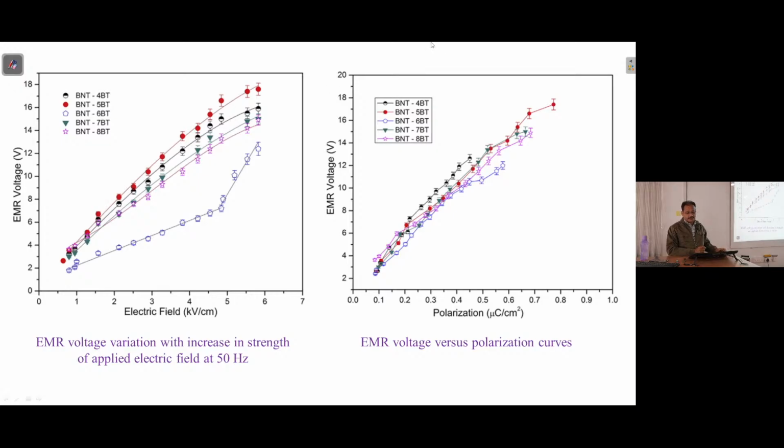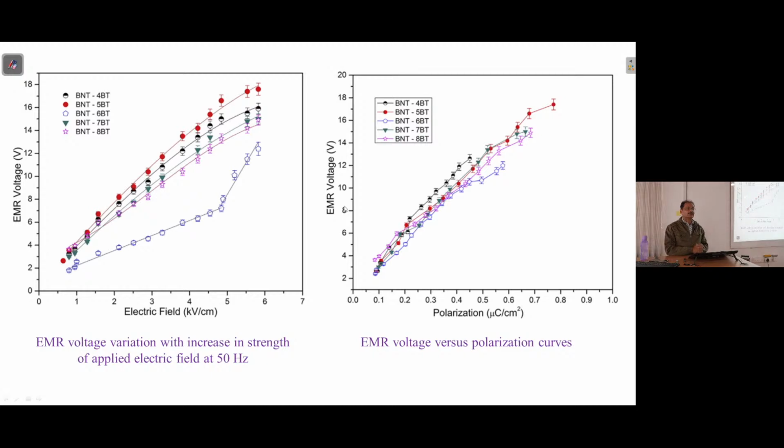And additionally, we have the EMR voltage versus polarization. Here also a good correlation we could obtain. What we see is that the extent of polarization achieved is proportional to the voltage obtained.